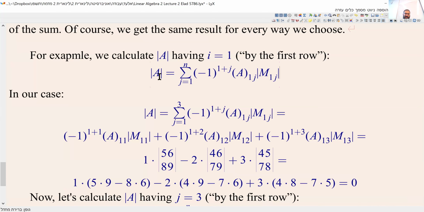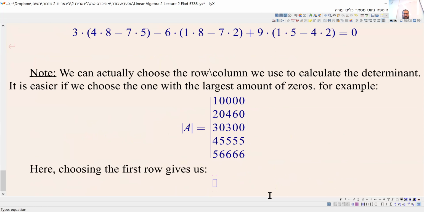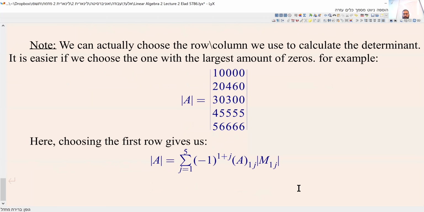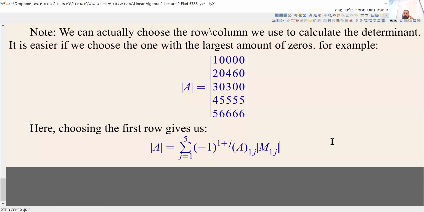It's just not n, it is 5. The matrix is of order 5. And every component of the sum contains 3 elements.